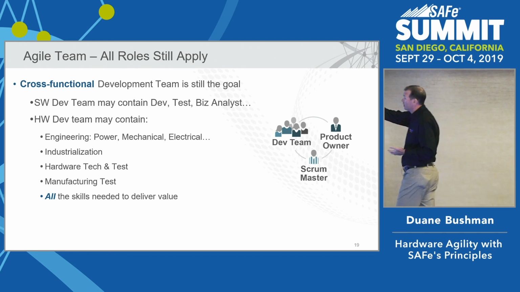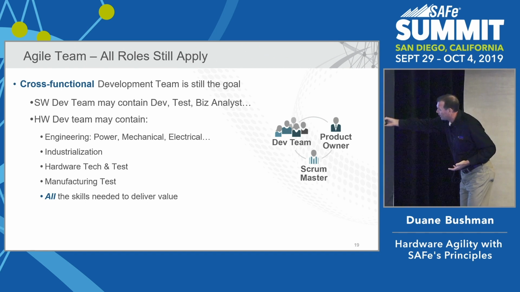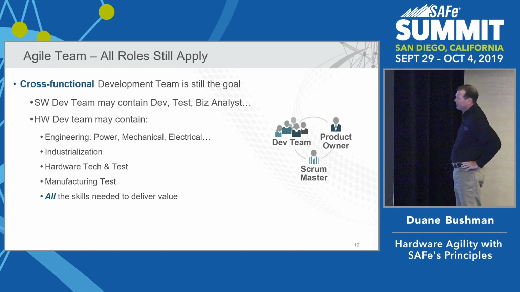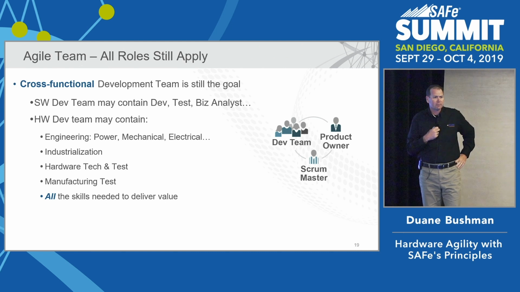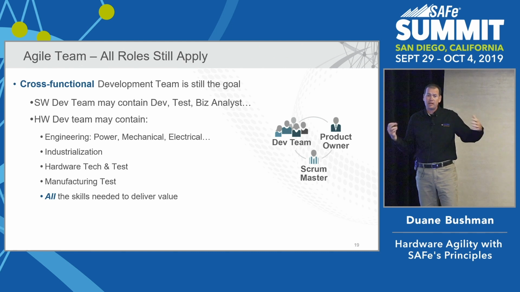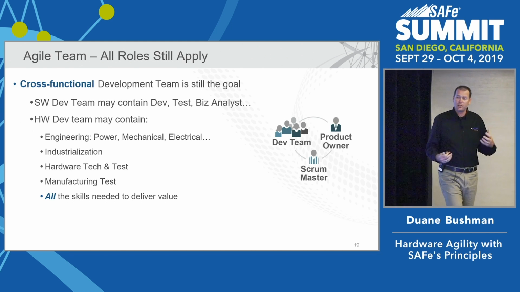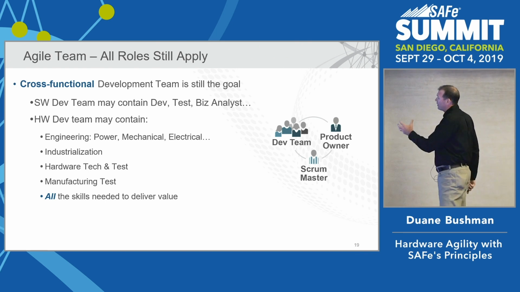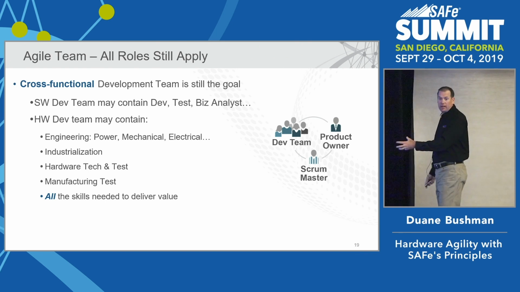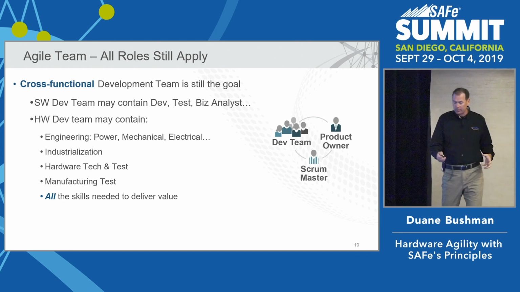And even in the lower one where I say it may contain, I look at this now and I read it and think, why don't I have software on there? I should have software on there too, because as we start looking at what are those integration points and how do we do it, we want to make sure that our Agile team has all the skills necessary.